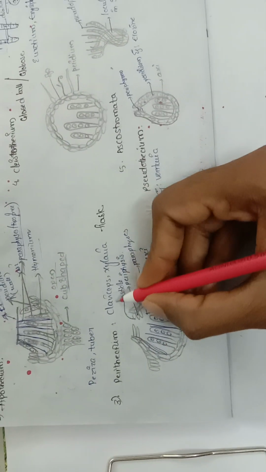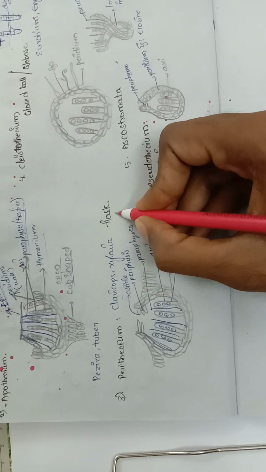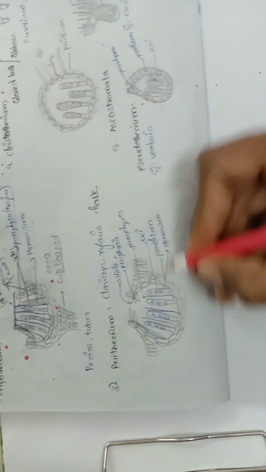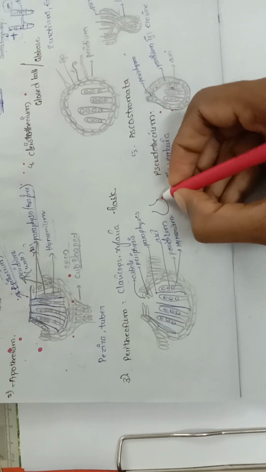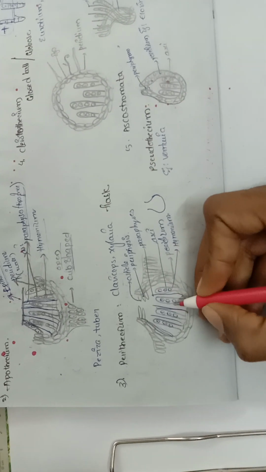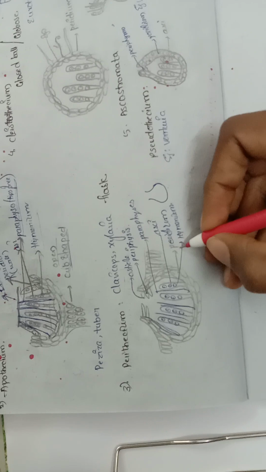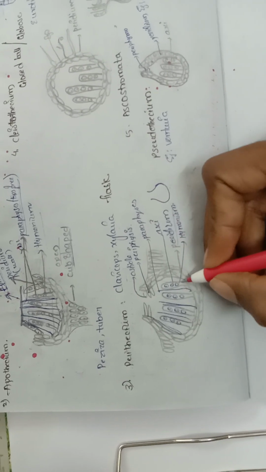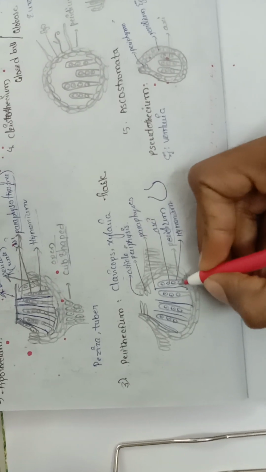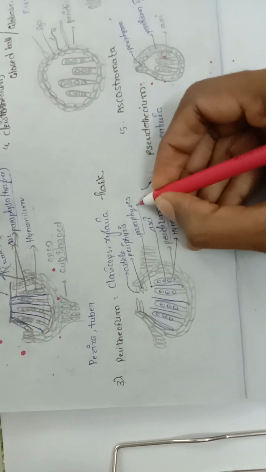Perithecium. Examples for it are Claviceps and Xylaria. It is flask shaped. It produces the peridium on which the asci are produced, and in between the asci there is a paraphysis.